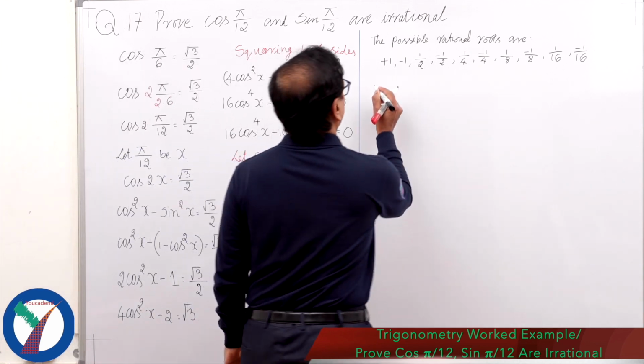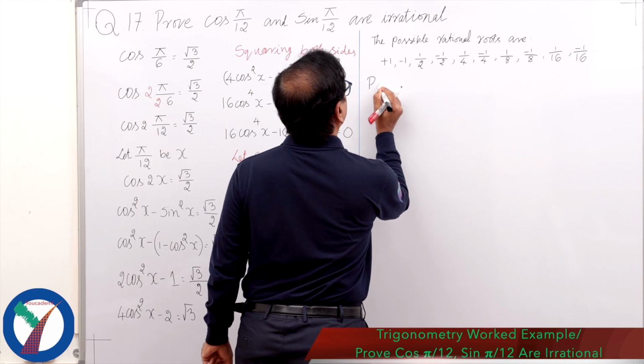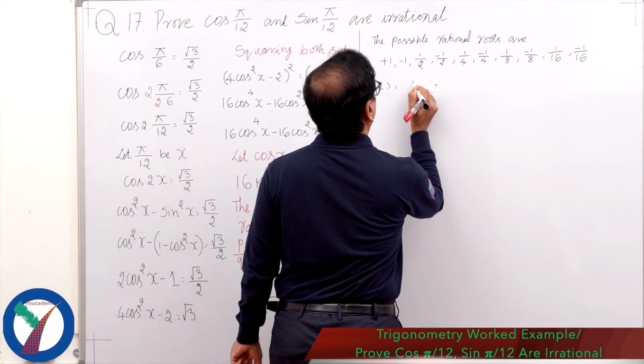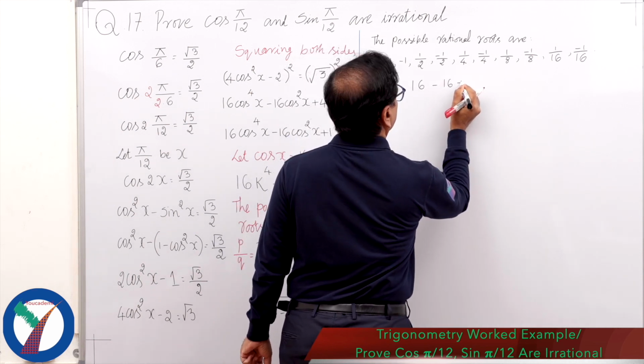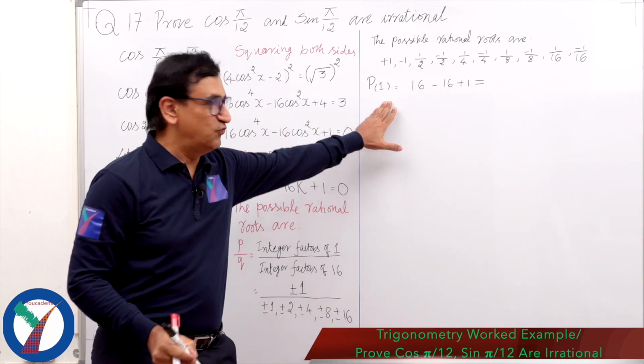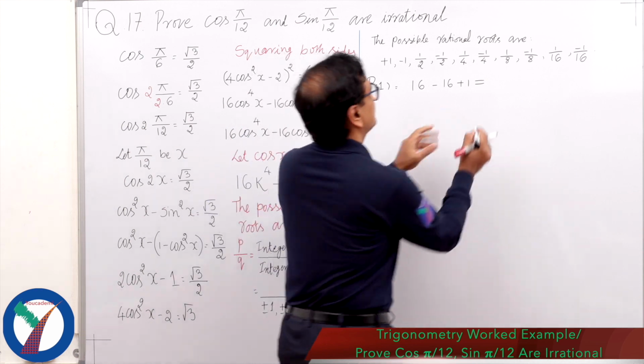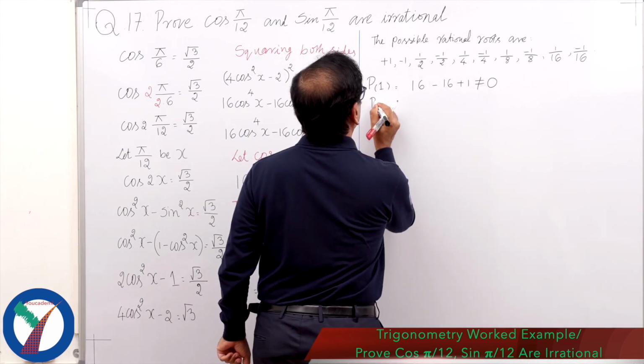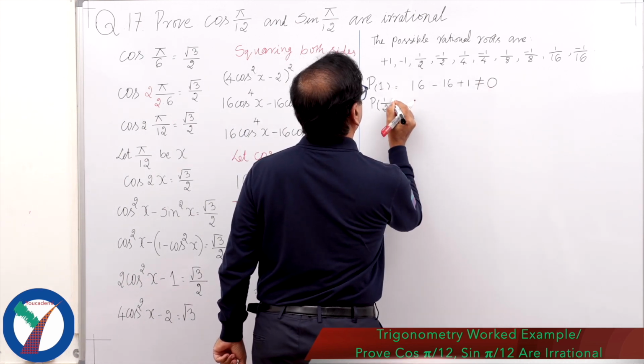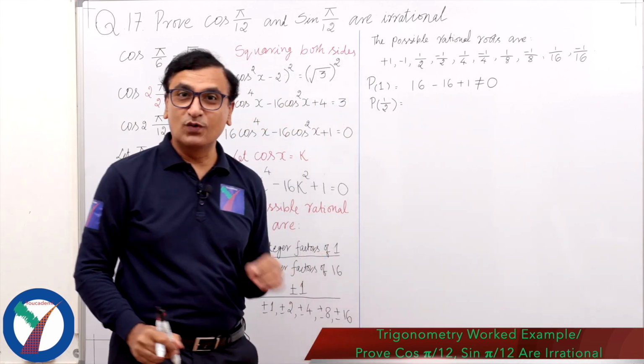Okay. So first P of 1. So when you apply P of 1, you have 16 minus 16 plus 1 not equal to 0. Next is P of 1 half.